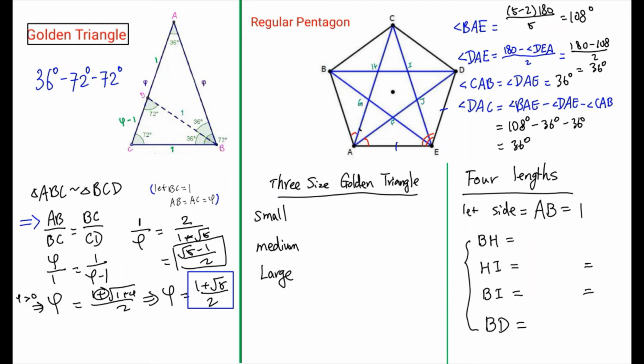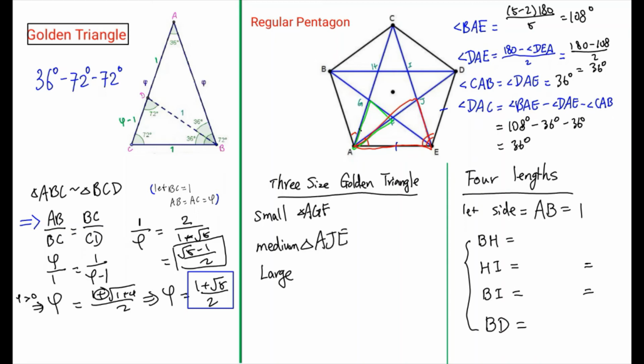Now let's look at something else. The 3 sizes for each of the golden triangles. The first size is small, an example of which is triangle AGF, which is the smallest possible golden triangle. Remember, a golden triangle is a triangle with angles 36, 72, and 72. The second, the medium-sized triangle, one of the medium-sized triangles at least, is AJE over here.